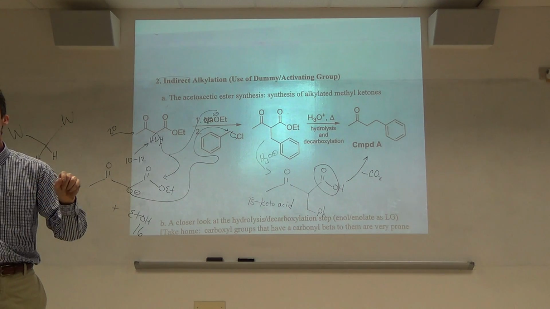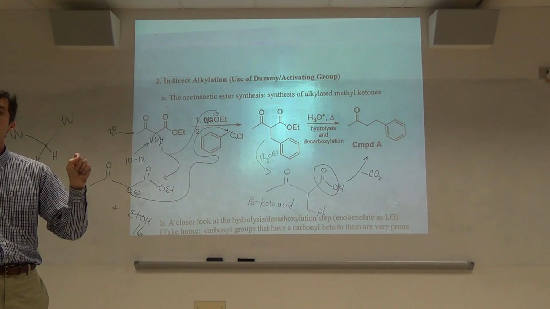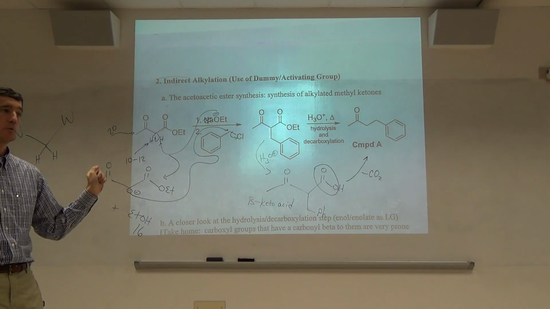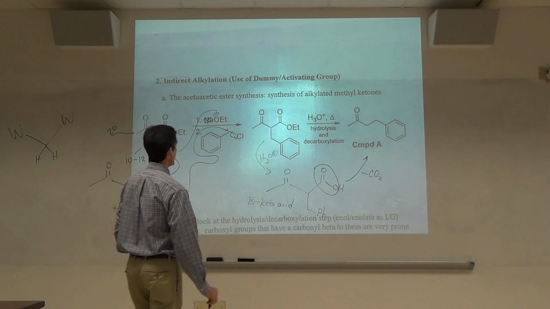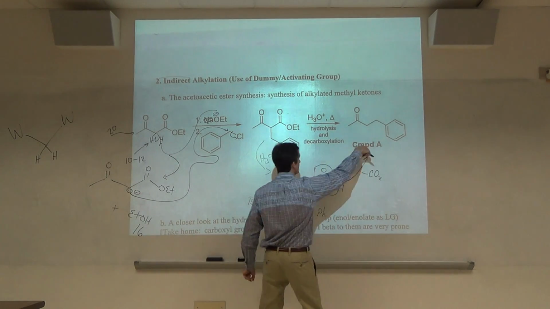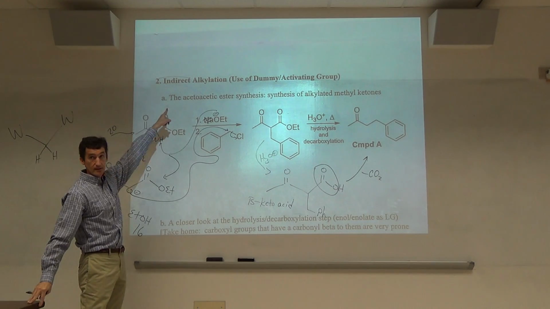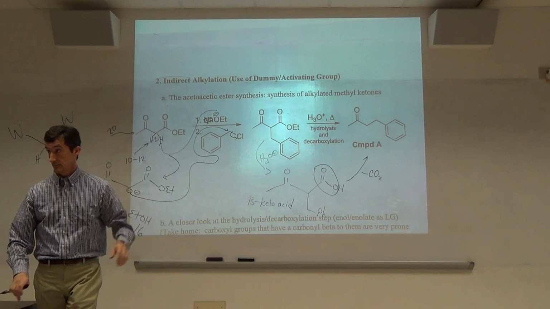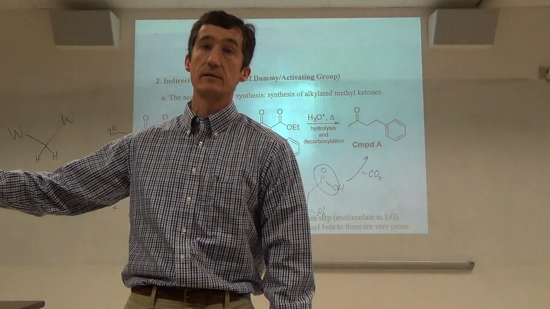When you get to biochem, please remember and know that beta-keto acids readily decarboxylate. We will look at the mechanism next time. In the end, what did we do? We made the same compound as on the previous page, but indirectly. Okay, we'll summarize this next time. Please read ahead.